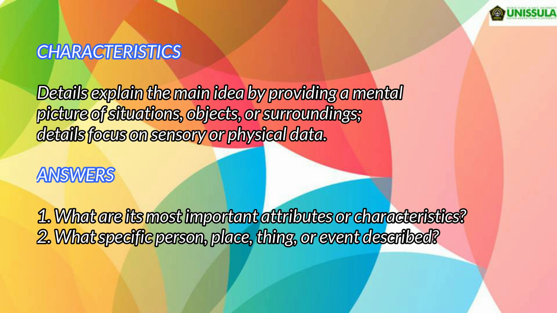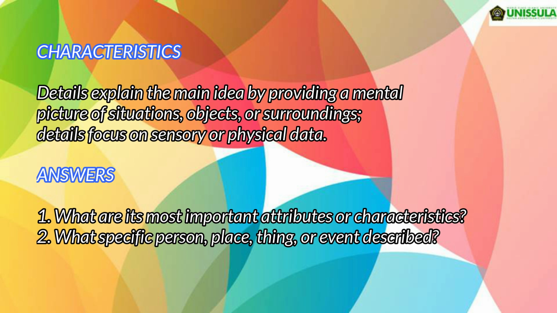This pattern will answer the following questions. What are its most important attributes or characteristics? This is the first question. The second question, what specific person, place, or thing is being described? You need to answer these when you check the paragraph.